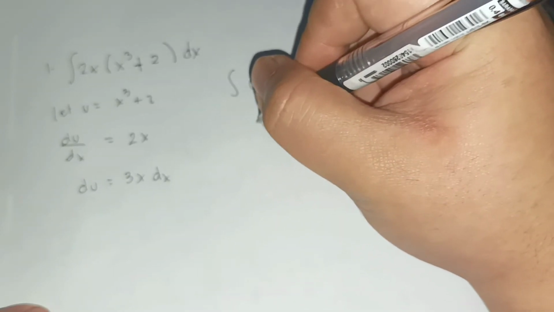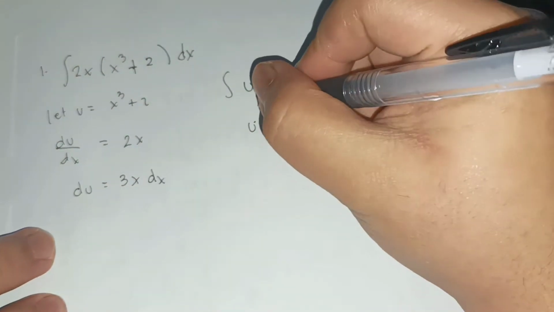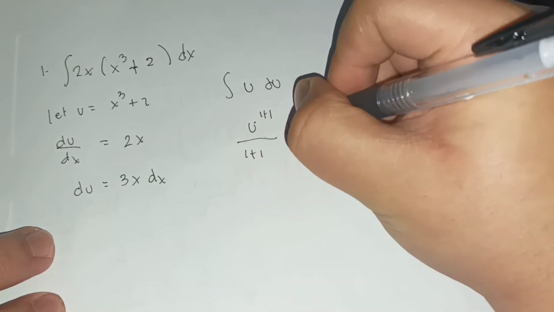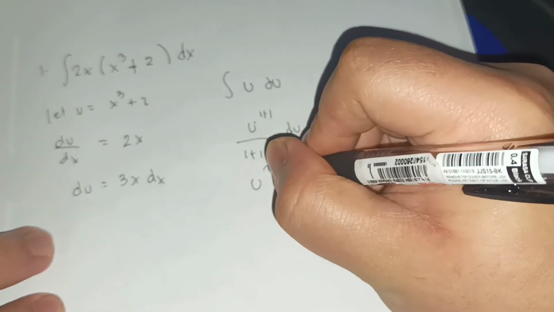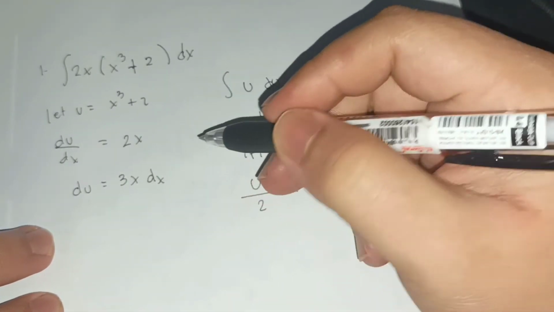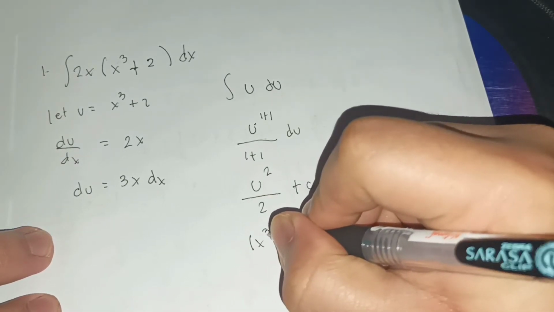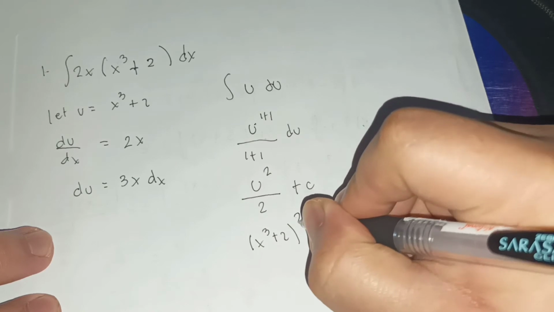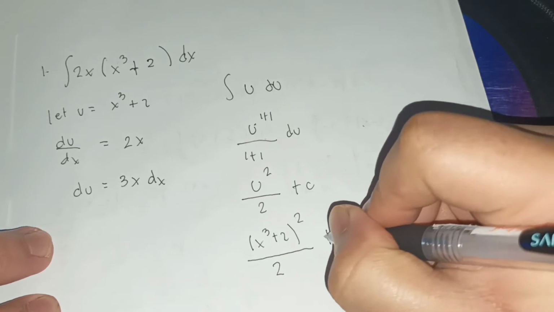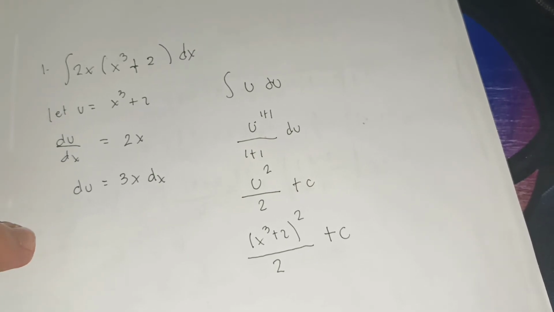Just bringing it down, we will find the antiderivative here. 1 plus 1, that will become u squared over 2 plus c, and then we just substitute it from the original, which is x cubed plus 2 over 2 plus arbitrary constant, and there you have the final answer.